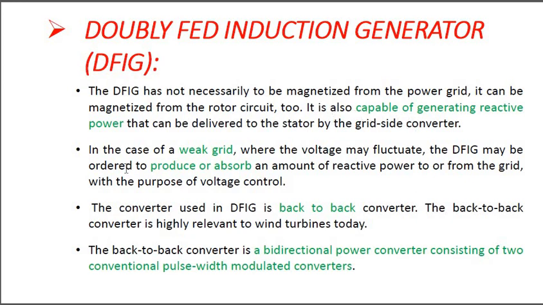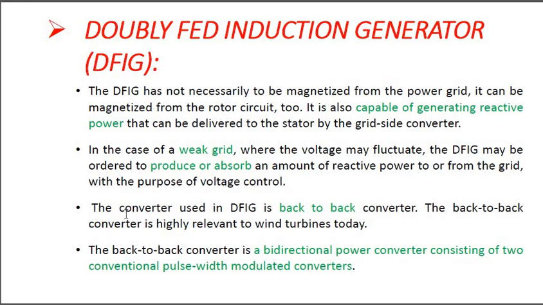In the case of a weak grid, where the voltage may fluctuate, the DFIG may be ordered to produce or absorb an amount of reactive power to or from the grid with the purpose of voltage control. So this is the main advantage of the DFIG.